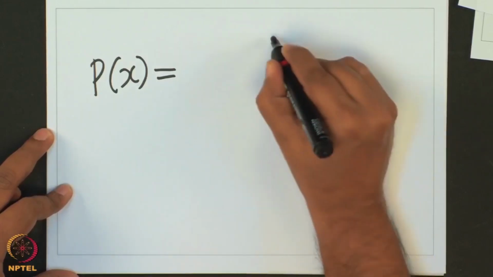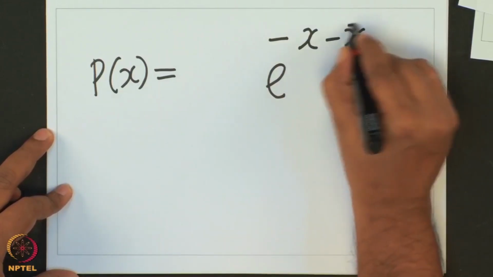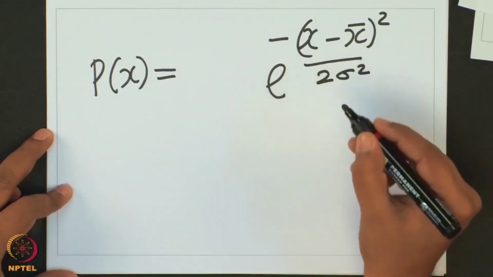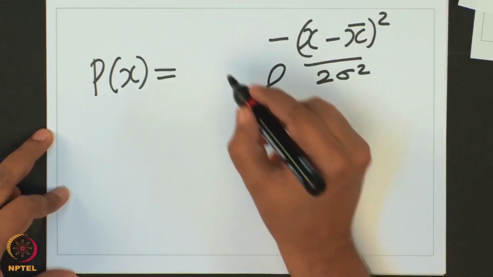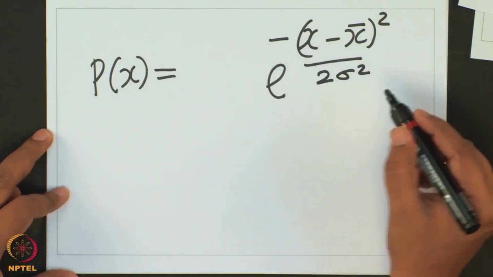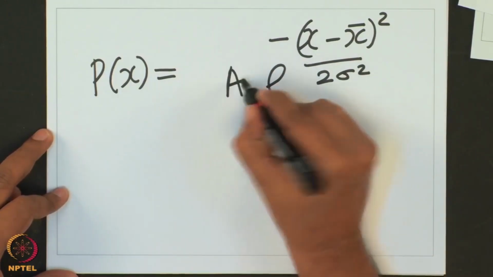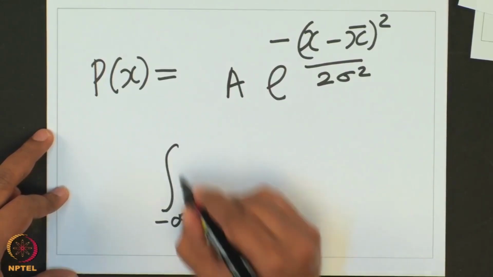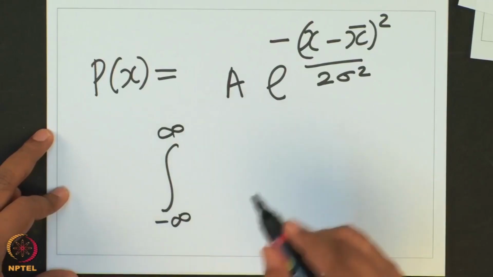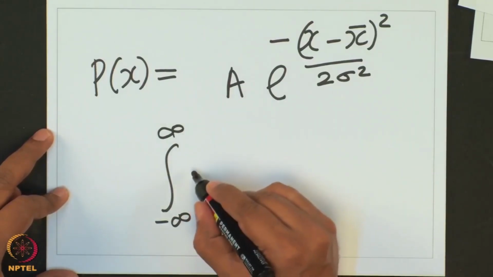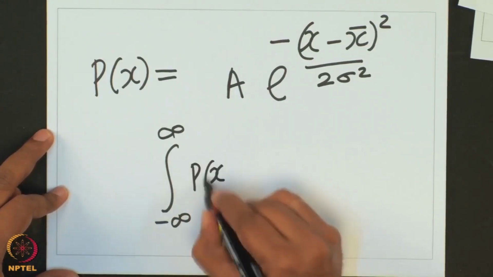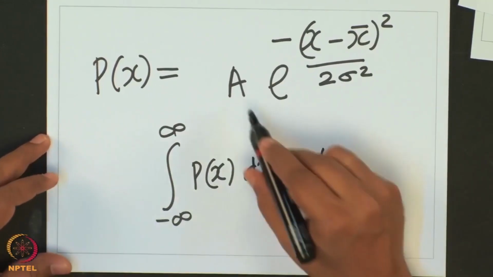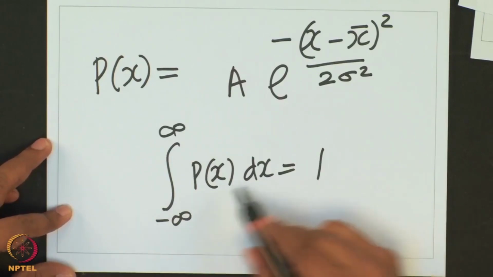So this is an exponential function, minus (x minus x bar) whole square by 2 sigma square, and this a value would be determined by this integral as we wrote. We would choose an a value such that the integral of p of x dx is 1.